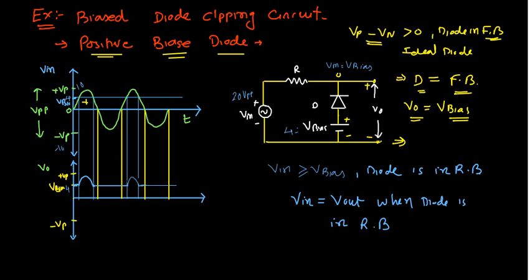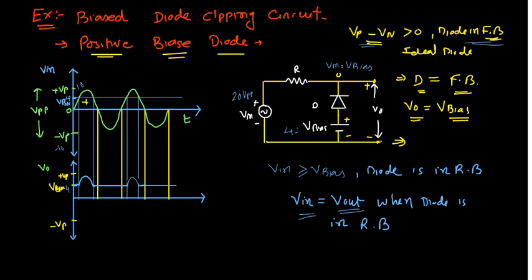So at 4 volt it is a sharp value over here. You should consider how this positive bias is acting and how this diode is getting forward bias when V positive minus V negative of the diode, means anode and cathode subtraction, is greater than 0. At that time the diode is in forward bias.